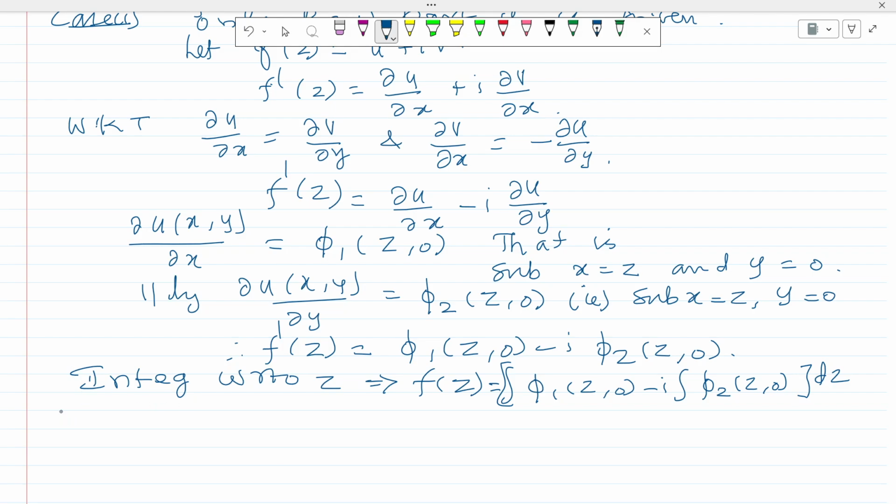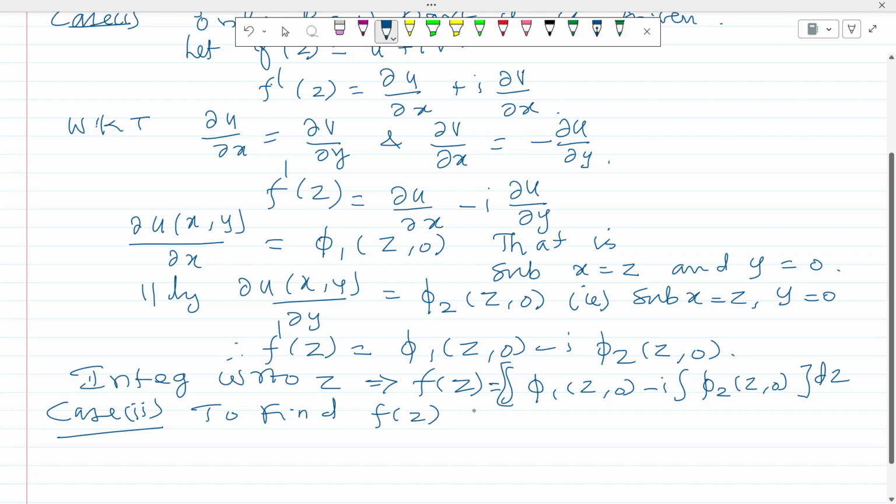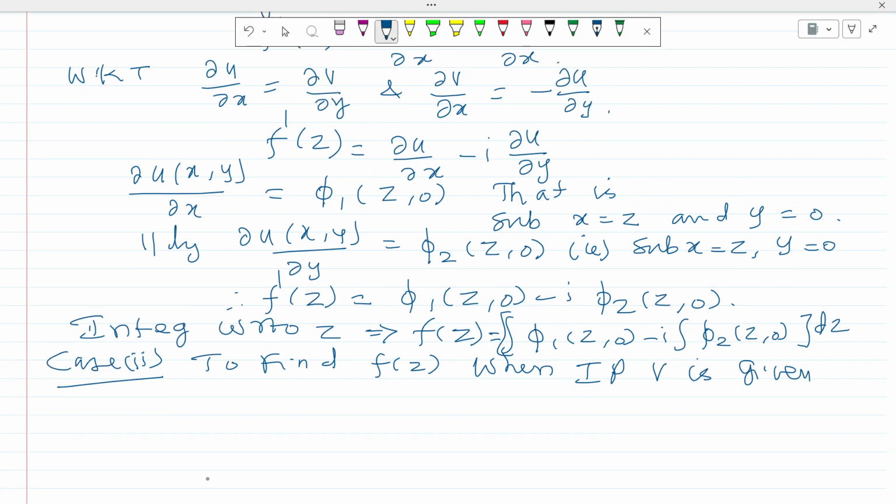Okay, fine. Case 2. To find the analytic function f of z when the imaginary part v is given.